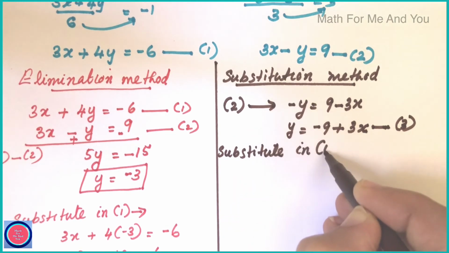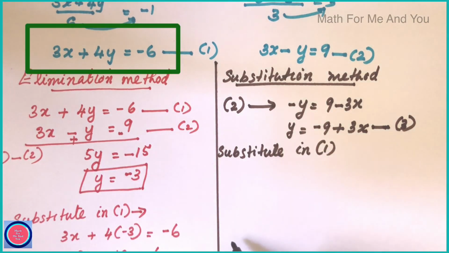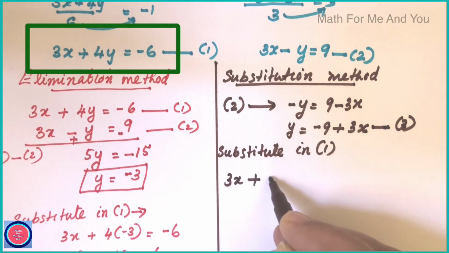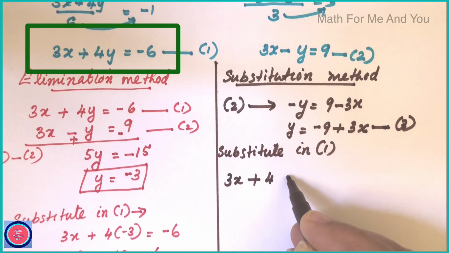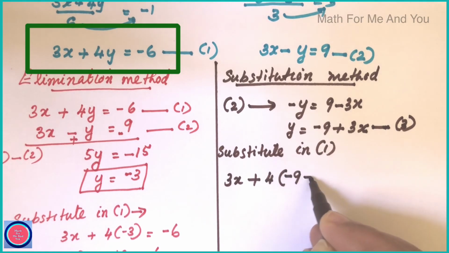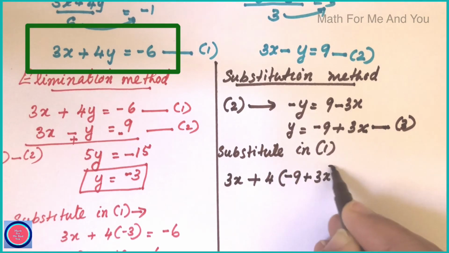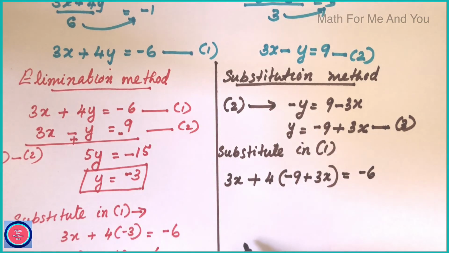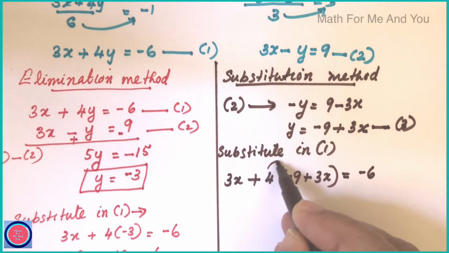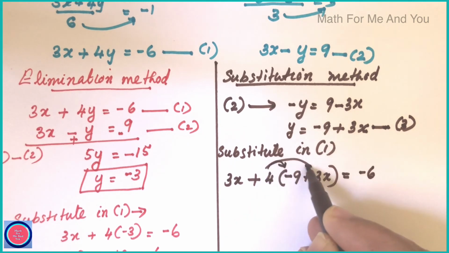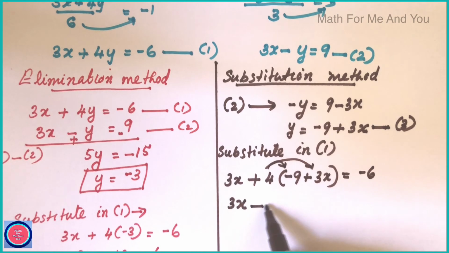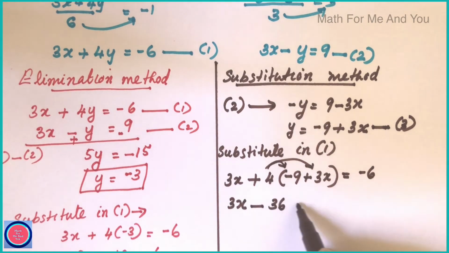Substitute this new equation in the other equation, because you have selected 2 first. Substitute in equation 1. Equation 1 becomes 3x plus 4 times (minus 9 plus 3x) is equal to minus 6. Remove the brackets. 3x, then 4 times minus 9, 4 times 3x. We get minus 36 plus 12x.